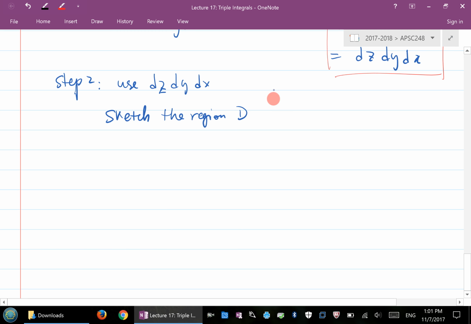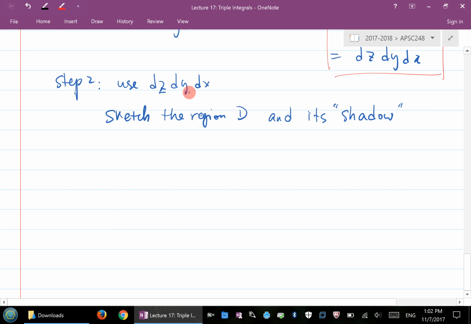Now, not only sketch the region D, you should also try to sketch its shadow. The shadow is basically the projection of the region D, in this case, in the XY plane. Because I chose dz, dy, dx as my order of integration, we'll sketch the shadow of the region D in the XY plane.